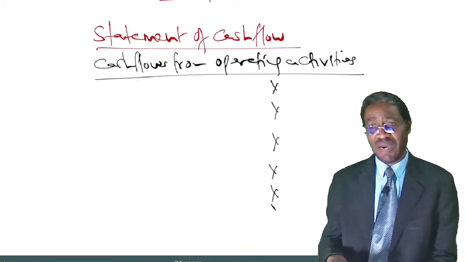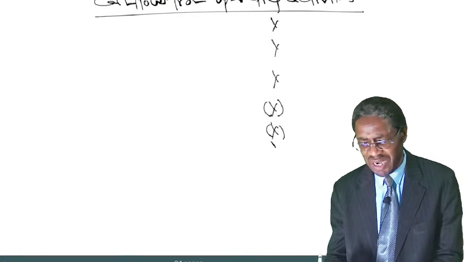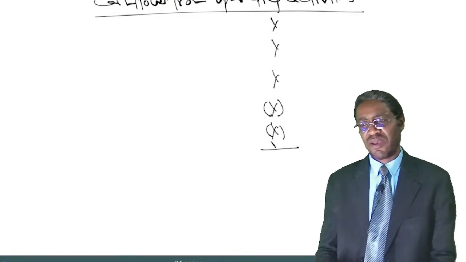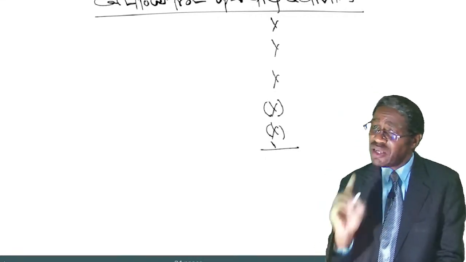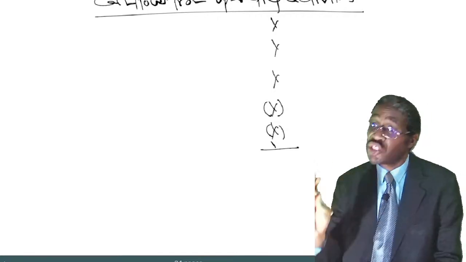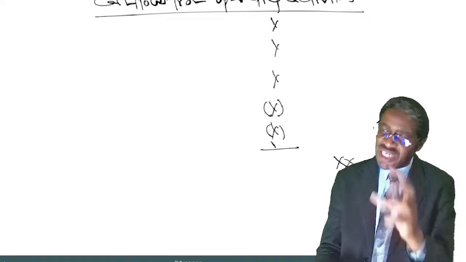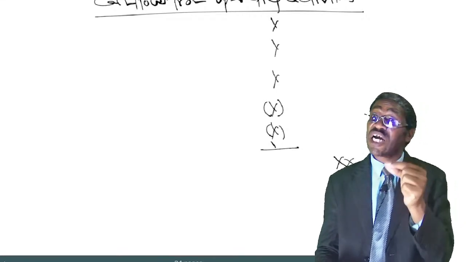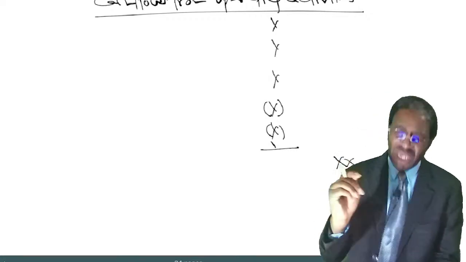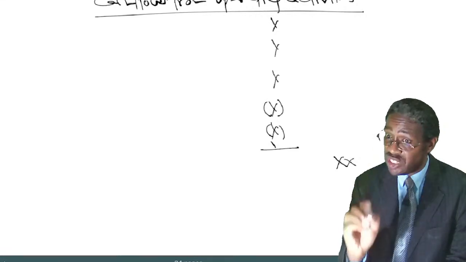Normally, some are positive, some are negative, whatever it is. Once you get that net amount, you push it to the extreme. That net amount can sometimes be negative or it can be positive. Let me assume for now that the amount is a positive amount.